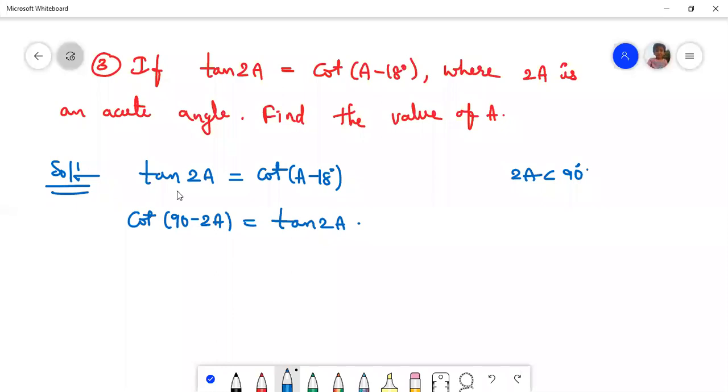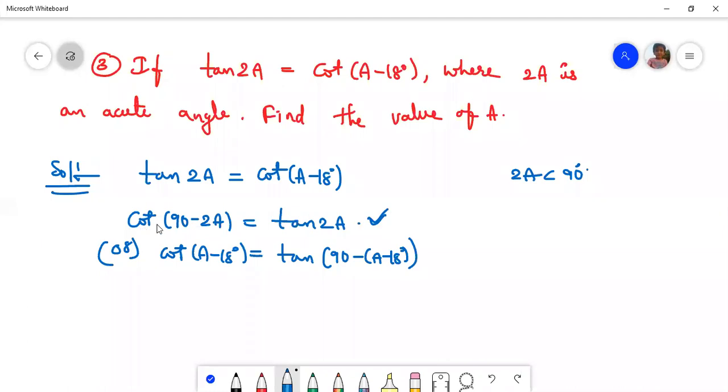We can substitute this, or we can take cot of A minus 18 degrees as tan of 90 minus A minus 18 degrees. We can choose any one. From these two, it is better to choose tan 2A equal to cot of 90 minus 2A. Let it be equation 1. This is equation 2.